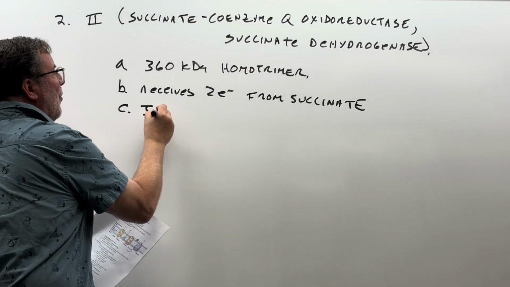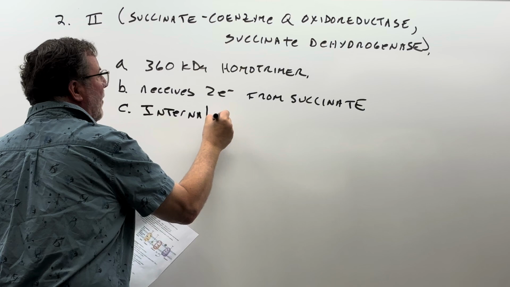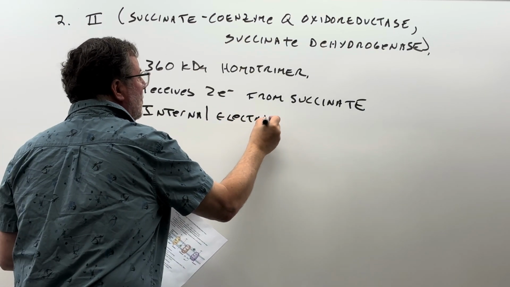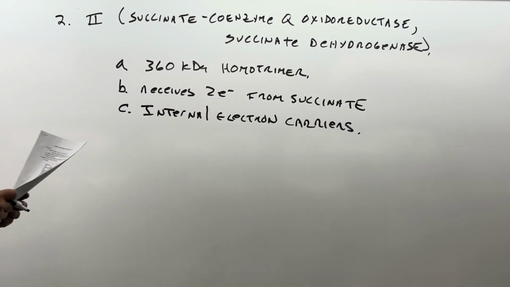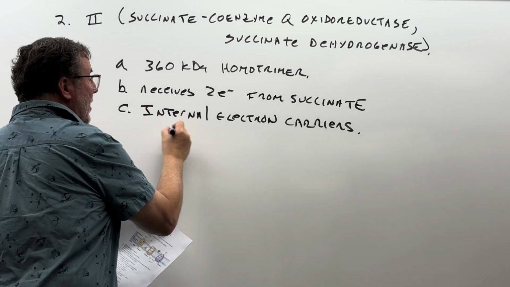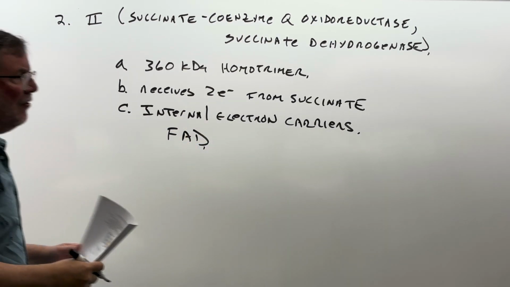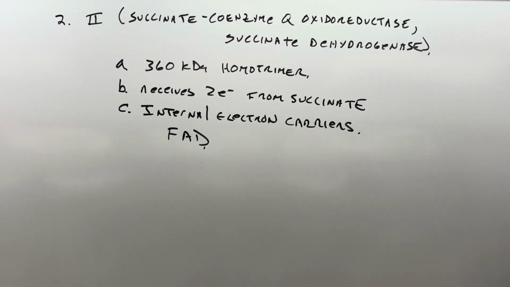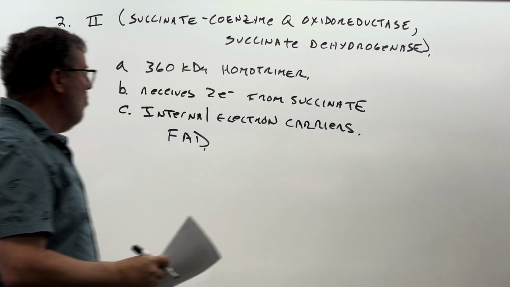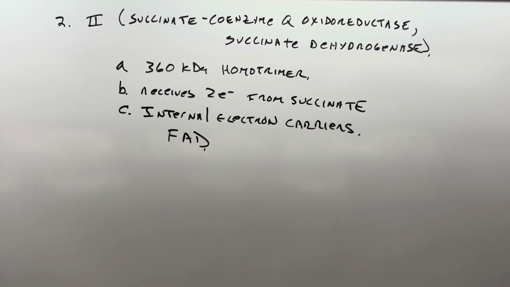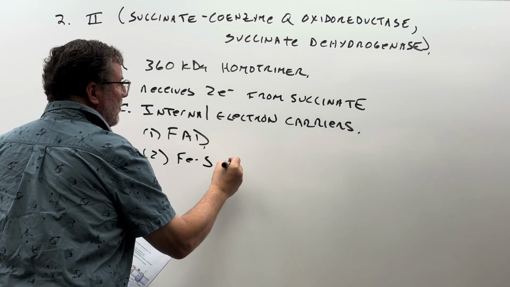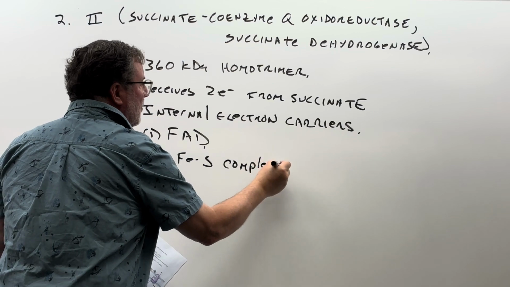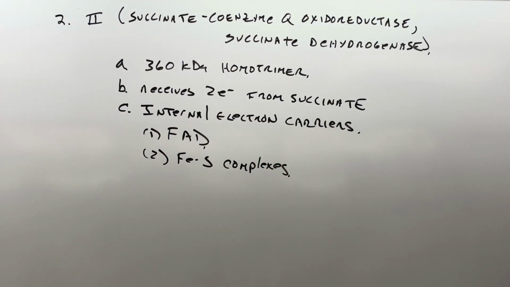If you look at its internal electron carriers, it has FAD, and that's basically what this is, this FAD right here. And it also has iron sulfur centers, like complex 1.